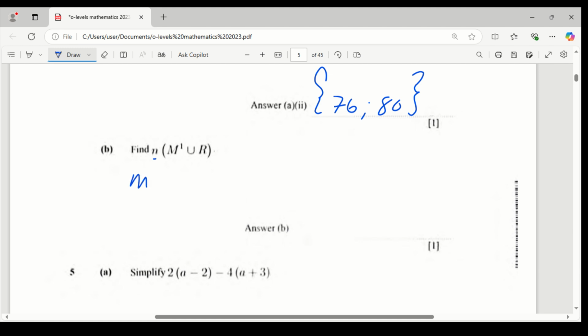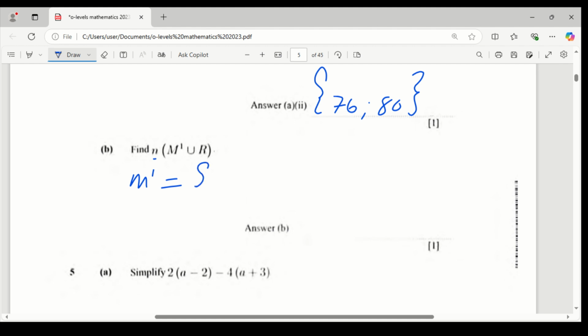M complement, these are elements that are found in our universal set, but they are not found in M, right? So M complement, these are elements that are outside M. These are elements that are not found in M, but they are found in the universal set.